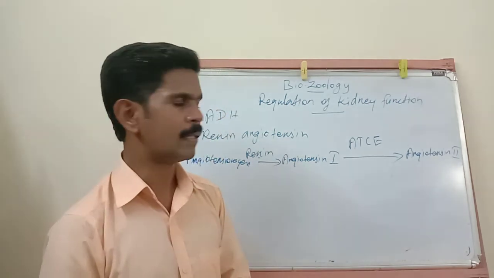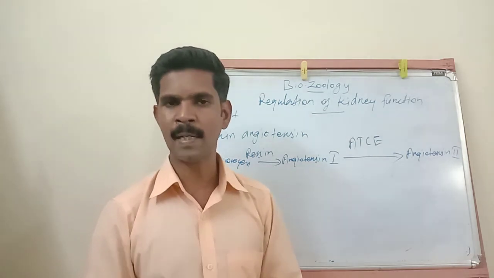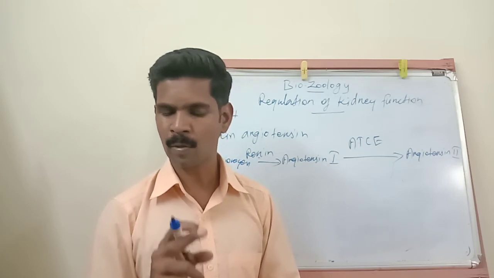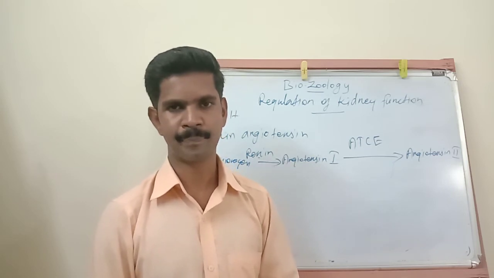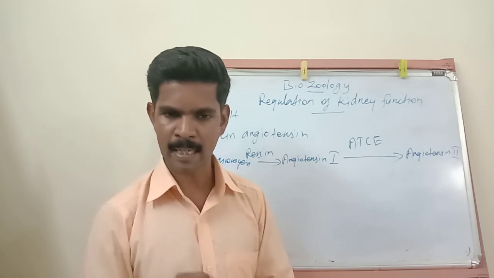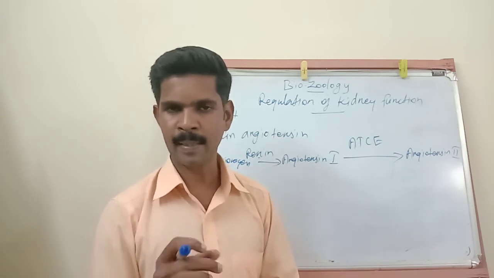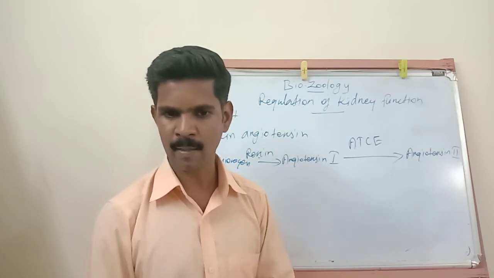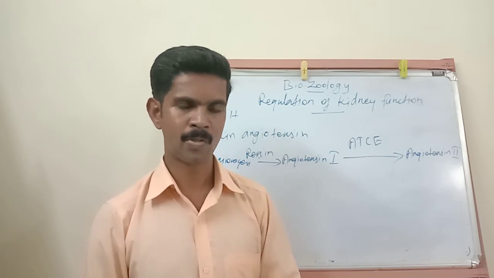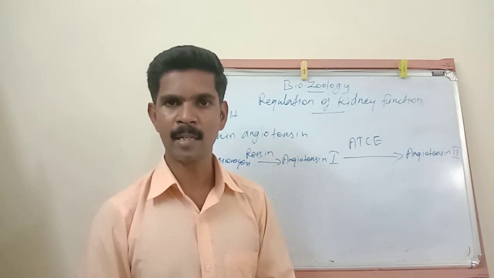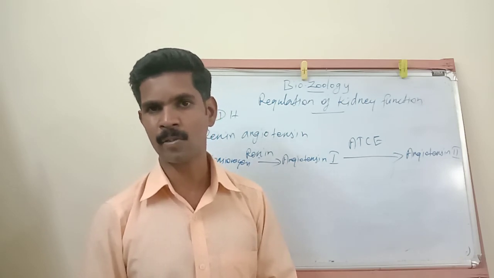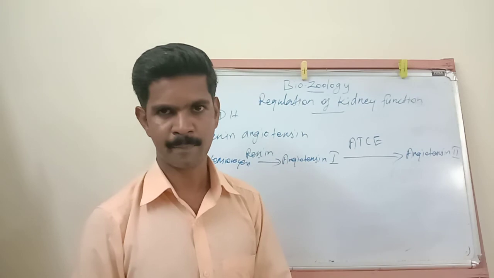Listen very carefully. This angiotensin 2 stimulates the adrenal cortex. Immediately, the adrenal cortex produces one hormone called aldosterone. This aldosterone increases the reabsorption of sodium and water in the distal convoluted tubule and also in the collecting duct.